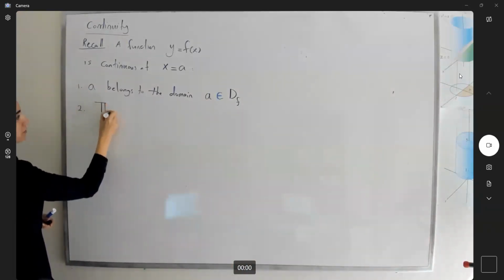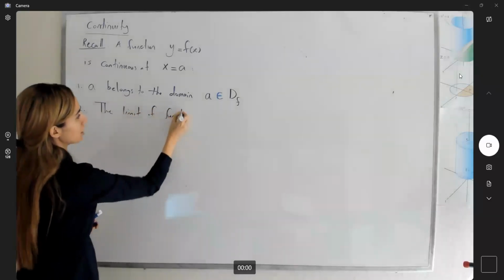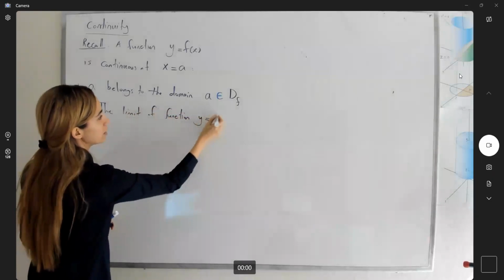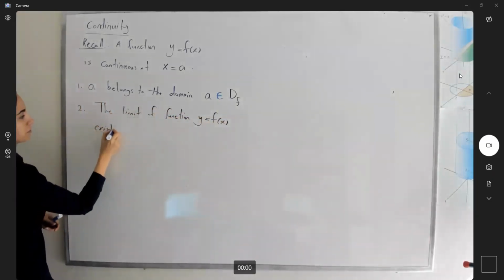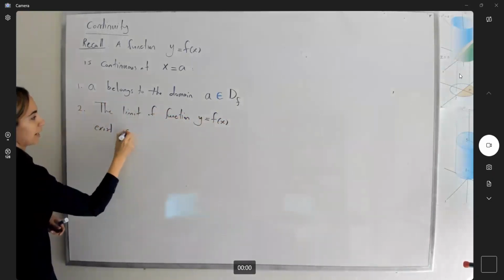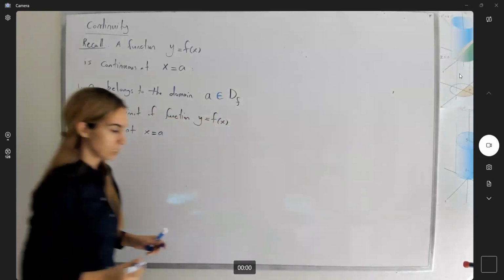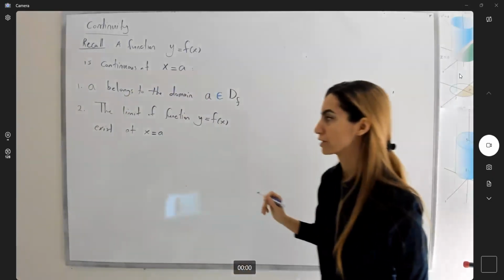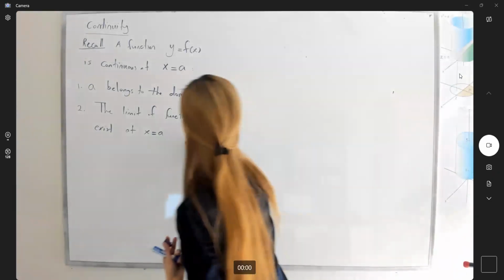The limit of function y equals f of x exists at x equals a. What's the meaning of that? It means that the limit from the left and the limit from the right exist and they are equal to each other.